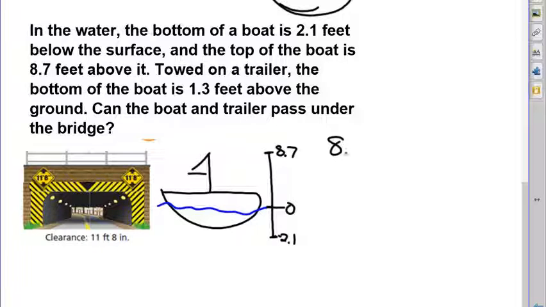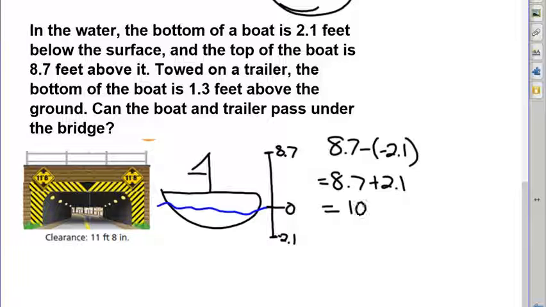We're going to do 8.7 minus negative 2.1. And in this case, I think it makes it pretty obvious. We're taking the distance from 0 to 8.7 and adding the distance from 0 to negative 2.1. And this subtraction of a negative number really does make sense as addition. And we get, as a result, the boat is 10.8 feet tall.